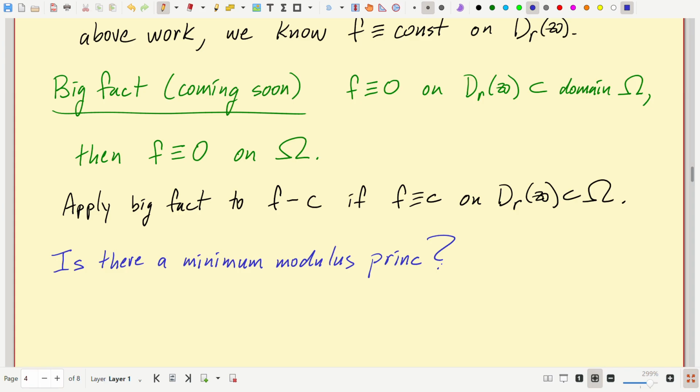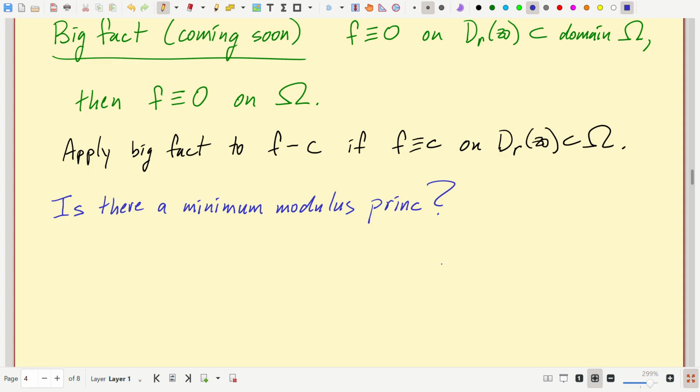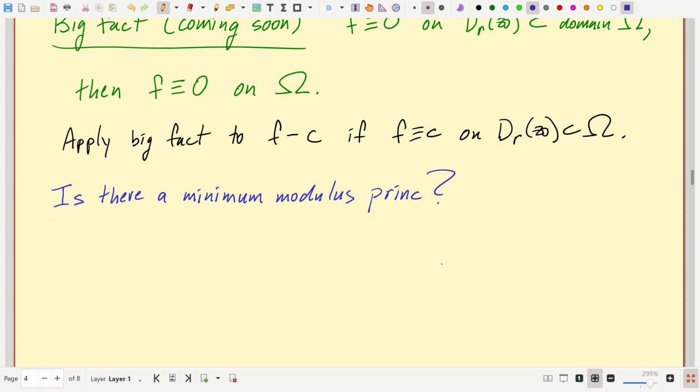If the modulus is at a minimum someplace, does it mean the function is constant? Think of a really simple function.